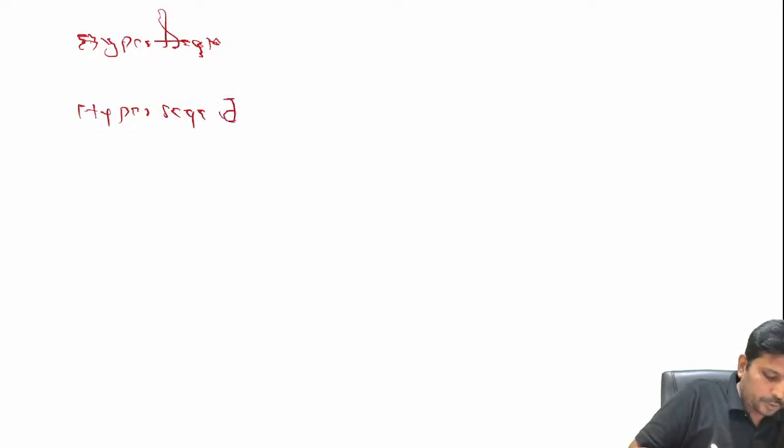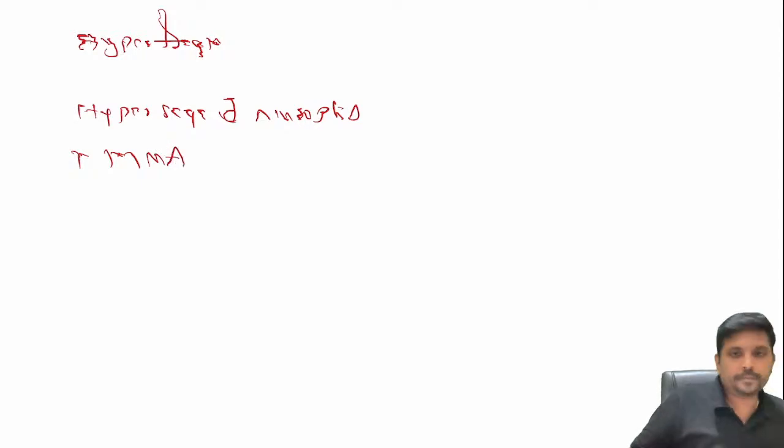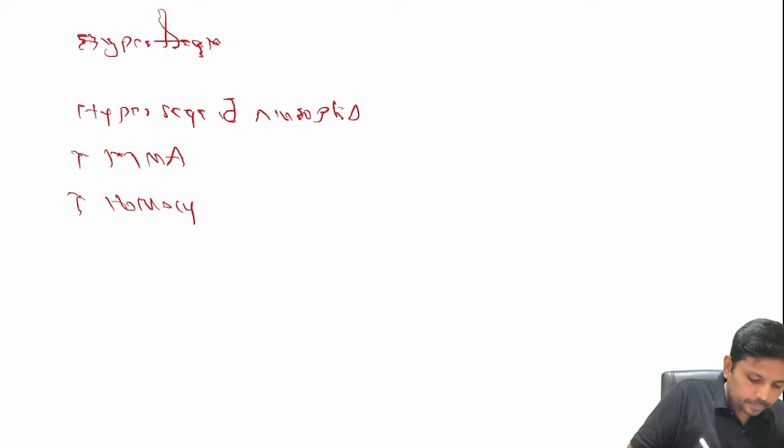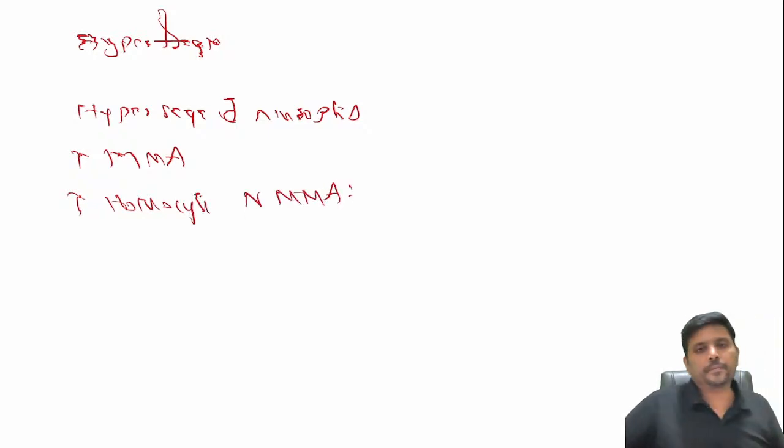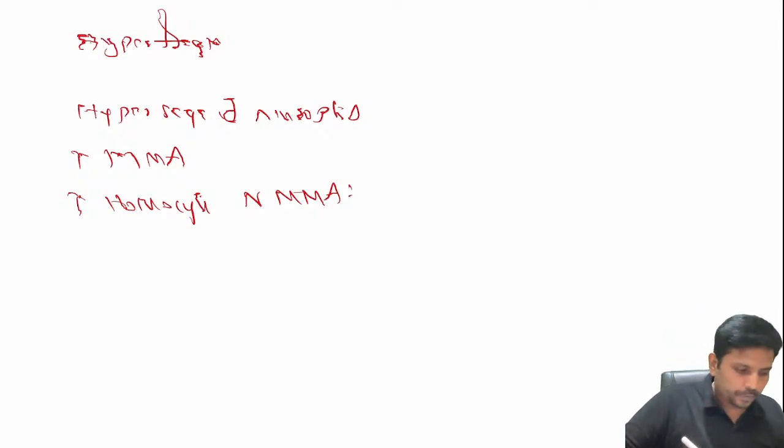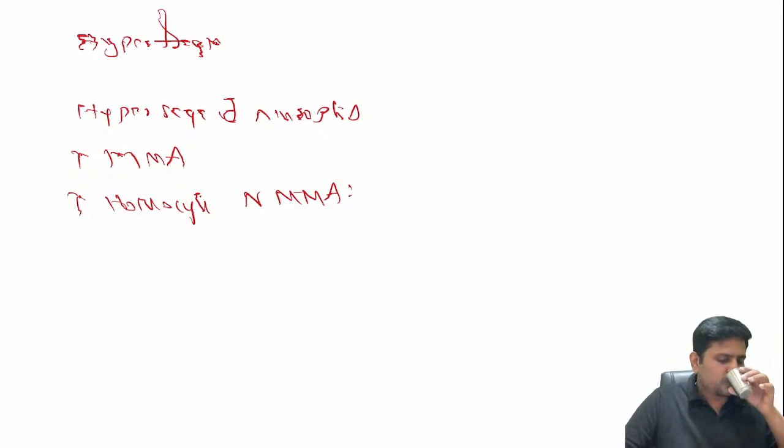One is hypersegmented neutrophils. Elevated methylmalonic acid. Elevated homocysteine but normal methylmalonic acid.